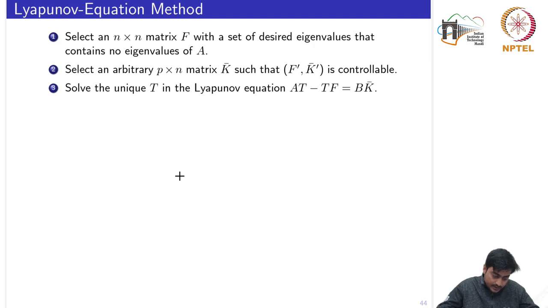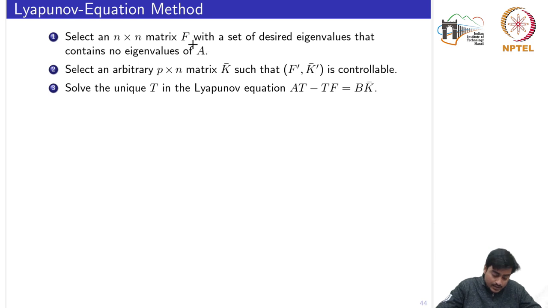Let's see the design of the gain matrix K. The first three steps remain almost similar. First of all, we need to form a matrix F, which is a square matrix of dimension n, which contains the set of desired eigenvalues, and at the same time it should not contain the eigenvalues of the original A matrix. We had discussed a number of forms for selecting a matrix F. One is the modal form and another is the companion form.